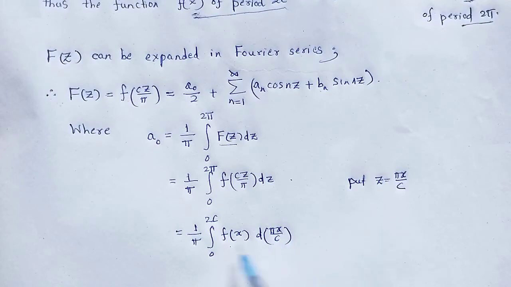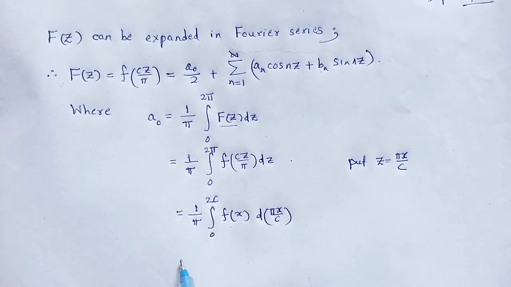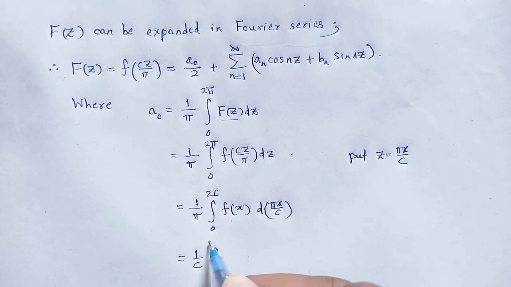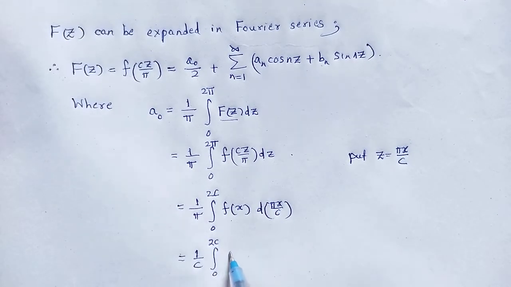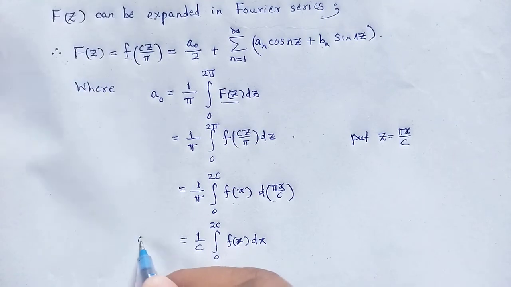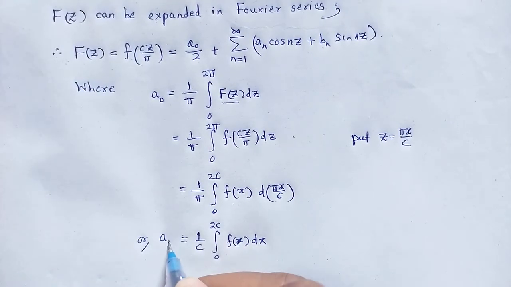Pi by c is a constant, so it goes outside, therefore it will be 1 by c integration from 0 to 2c of f of x dx, the value of a naught.